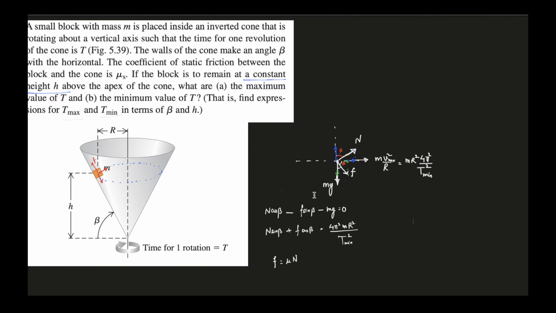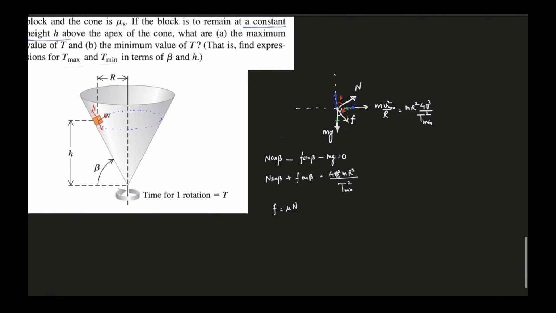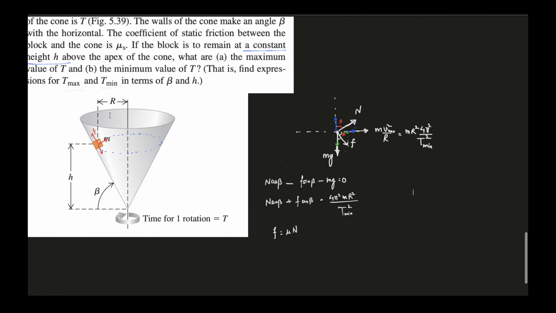I think the one part we had solved, what will happen if it is at V max, that if the speed increases, then the vehicle, or the block, will tend to slide upward, spiral upward. So the friction will work down on the ramp.